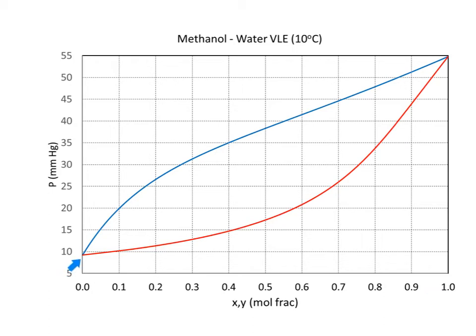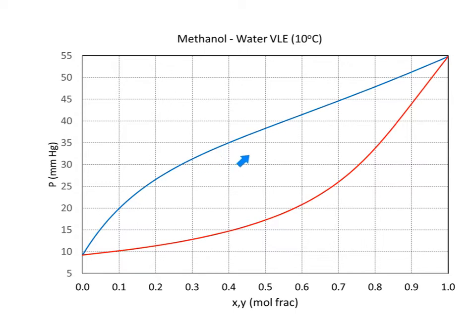So the vapor pressure of water at 10 degrees C is around 10 millimeters of mercury, and the vapor pressure of methanol at 10 degrees C is about 55 millimeters of mercury. We can calculate the partial pressure of the methanol from this data. For example, if we have a composition of 0.3 in the liquid phase, then the pressure, for both the methanol and the water, should be around 32 millimeters of mercury.